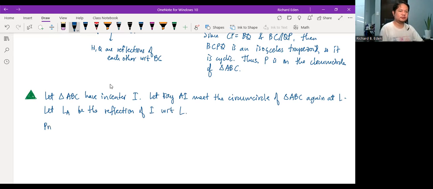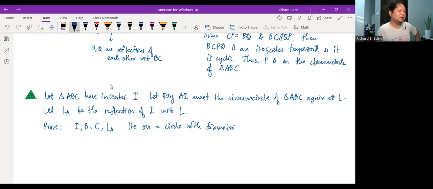Okay. Prove that I, B, C, and L sub A are concyclic, so they lie on a circle with diameter I L sub A and center L. Wait, sorry, not I sub A, it's L sub A, the reflection.